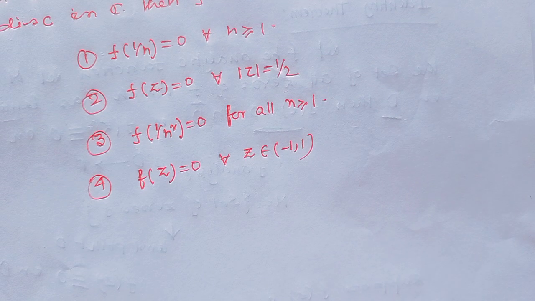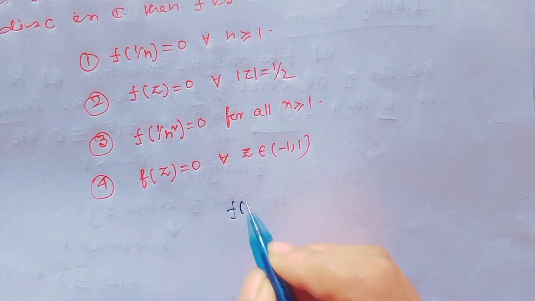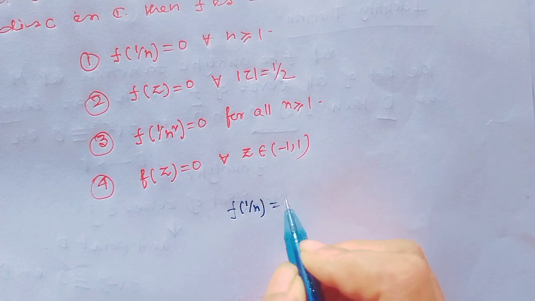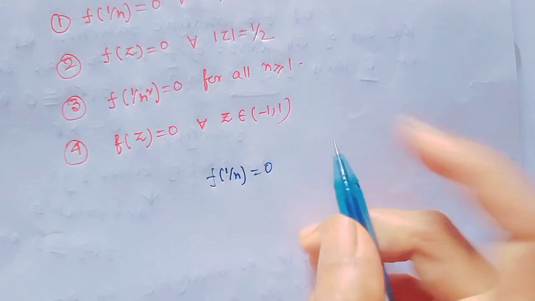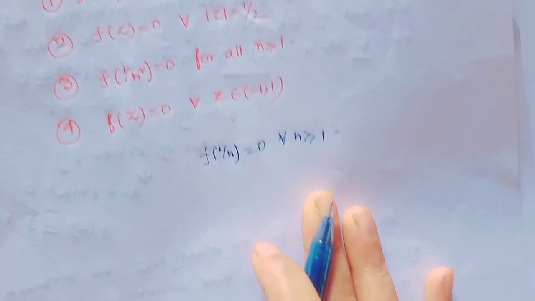Notice option 1: f(1/n) equals 0, this is true for all n greater than or equal to 1.